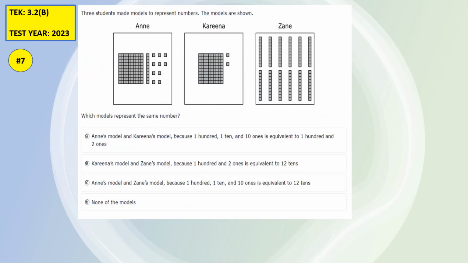Go ahead and pause and solve on your own, then check your work by watching my solution. Okay, well first we have to determine what the actual models are equal to. So let's look at Anne's model first. Now, you should have already learned that this is equal to 100. And this pictorial model is equal to 10.